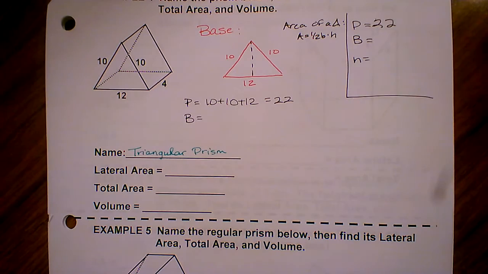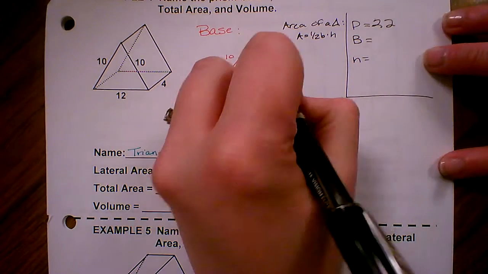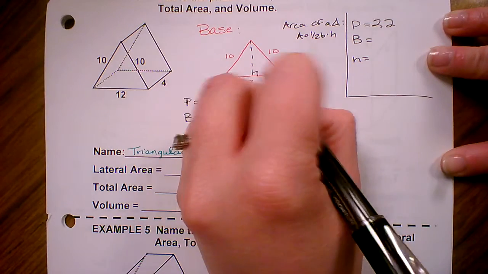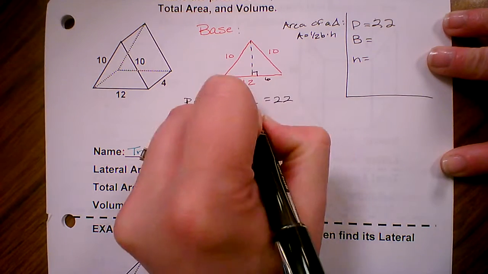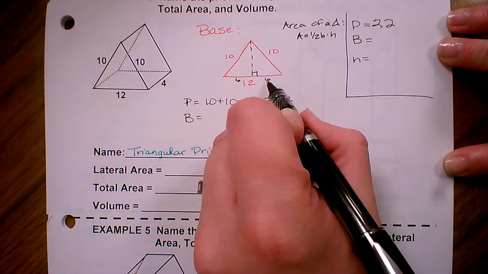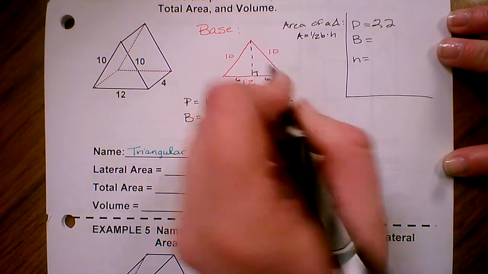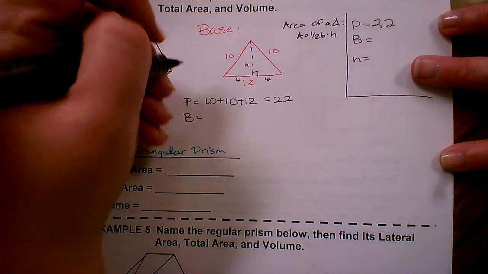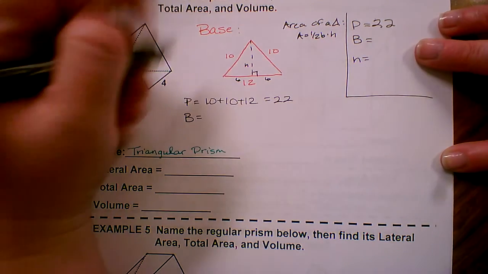When we have an isosceles triangle, we find that height by using Pythagorean theorem. That height cuts that base in half, so we have 6 and 6. So now I need to do 6 squared plus h squared equals 10 squared. So I have to solve for that little h first.